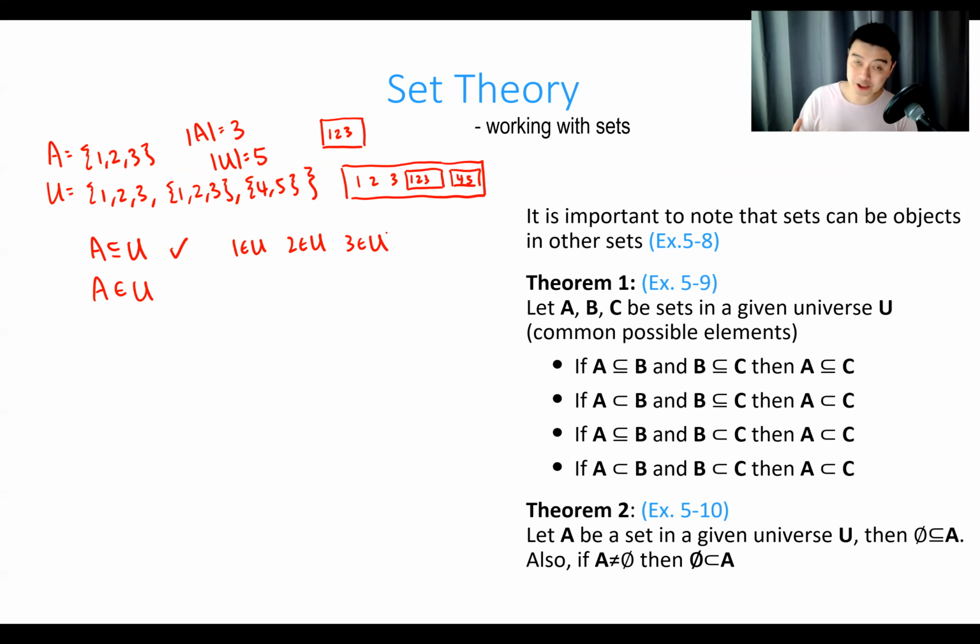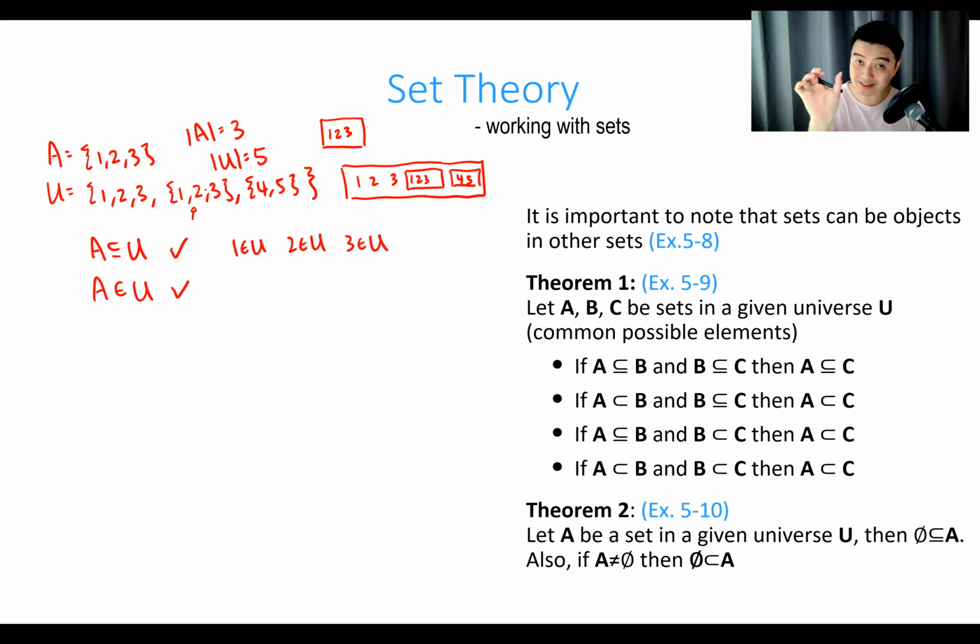All right, the second question: is A an element of U? Once again, the answer is yes, not because of those first 3 items, but because of the fourth item here, right?